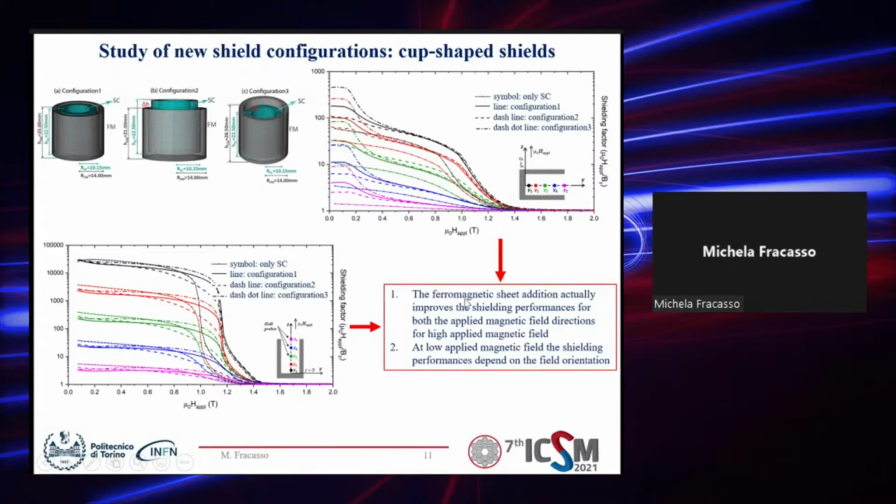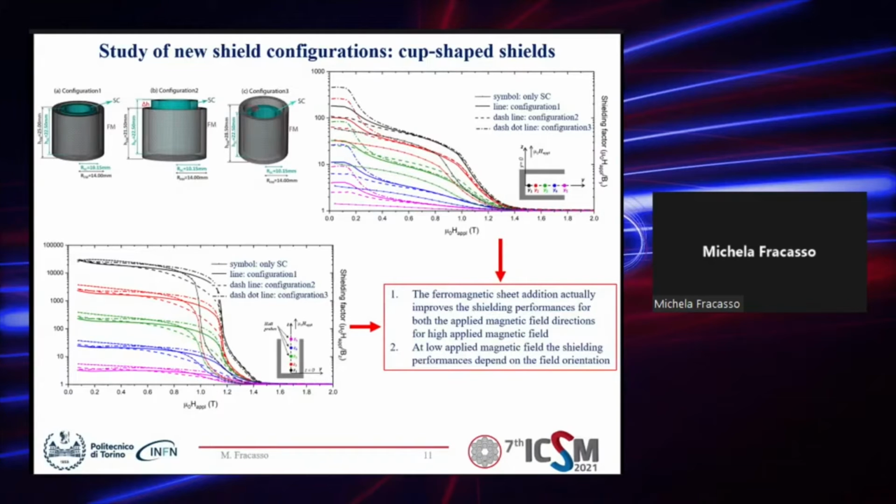It improves the shielding performances for both applied magnetic field directions for high applied magnetic field, but focusing on the low applied magnetic field, the shielding performances depend on the field orientation.